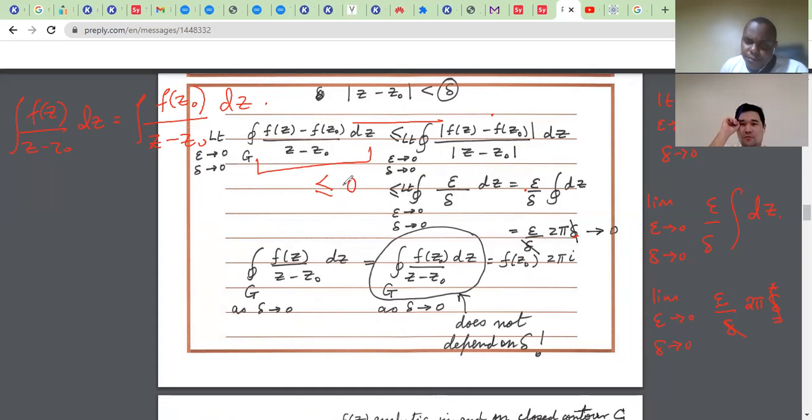So f of z naught is a constant, right? Yeah, that's why we're taking it out of the integral. And the integral of 1 over z minus z naught is 2 pi I, which is what we just solved. Okay.